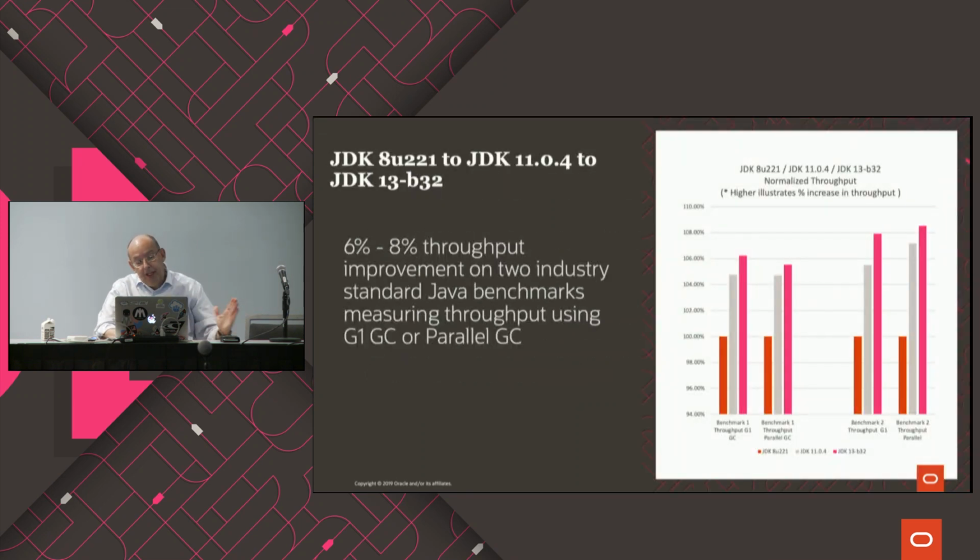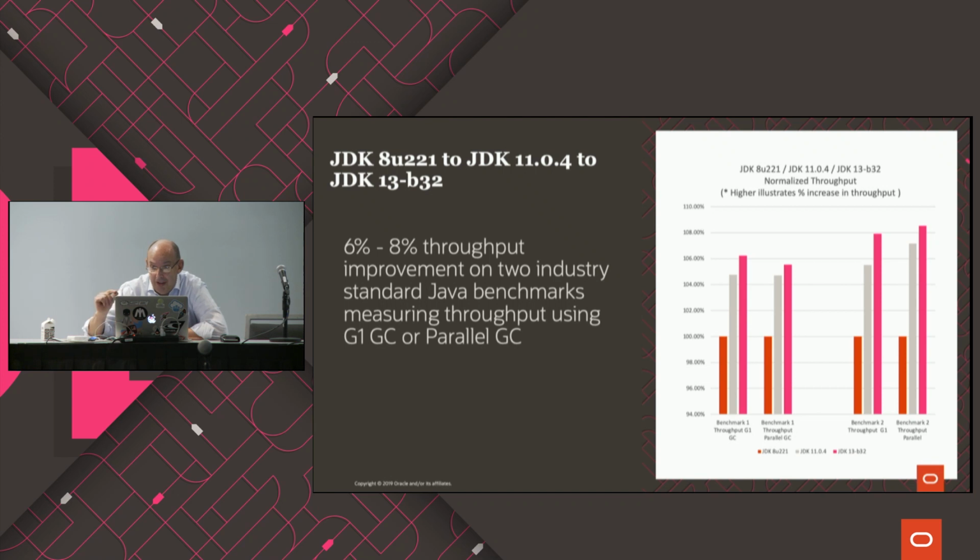So if you now look at the performance drive from 8 to 13 or 11, you can see that this is one of the standard industry benchmarks. You can get a fairly significant performance improvement, especially on this benchmark, because typically on this benchmark, getting 1%, 2% is a massive achievement because those benchmarks have been optimized for years and years.